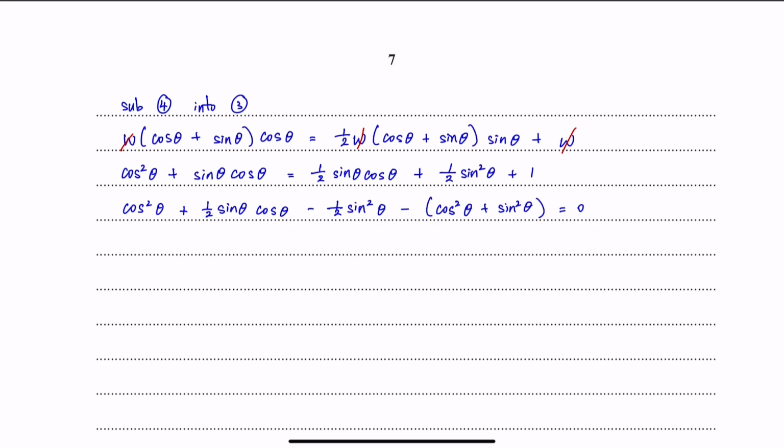So we can cancel these two out, and we will end up getting half sin theta cos theta minus 3 over 2 sin squared theta equals to 0.